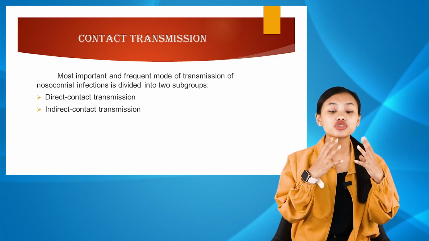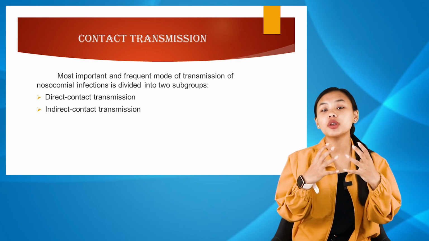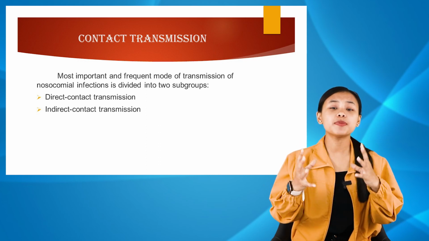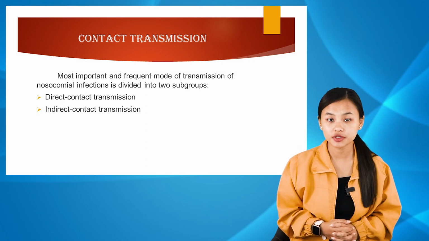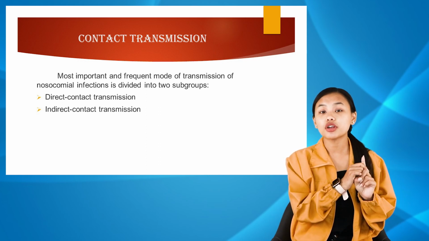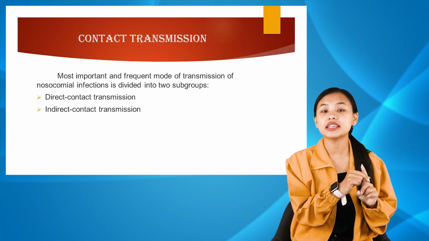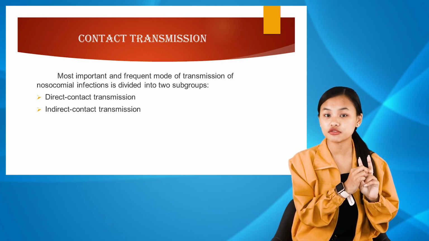So here the most common as well as the frequent mode of transmission, especially of the nosocomial infection, is divided into two subgroups. The first one is the direct contact transmission and the second is the indirect contact transmission.